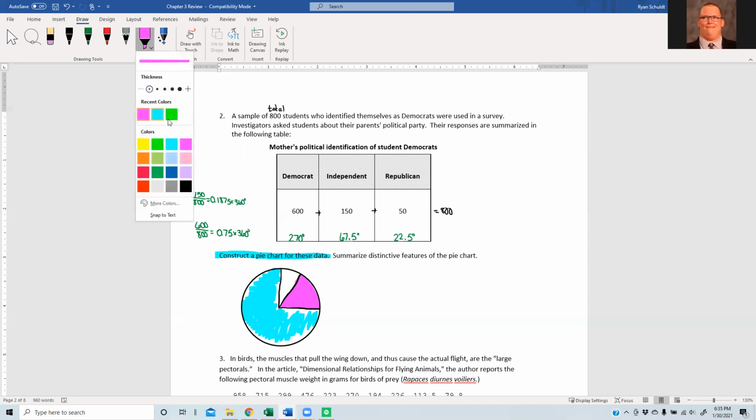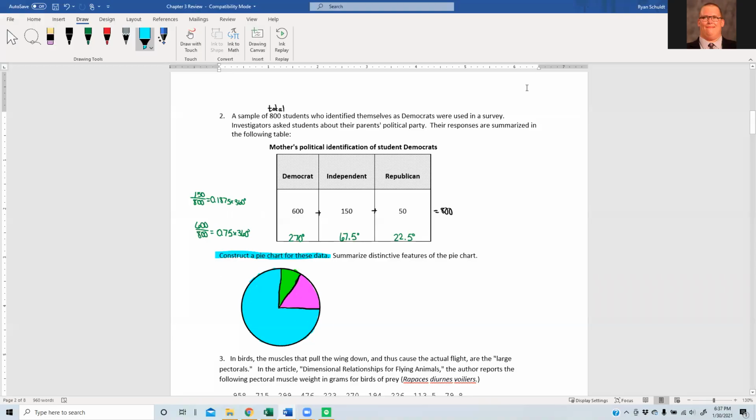Okay, and then that means the remaining would be the Republicans. Okay, so there is the pie chart. So it's not perfect, but it's close enough.